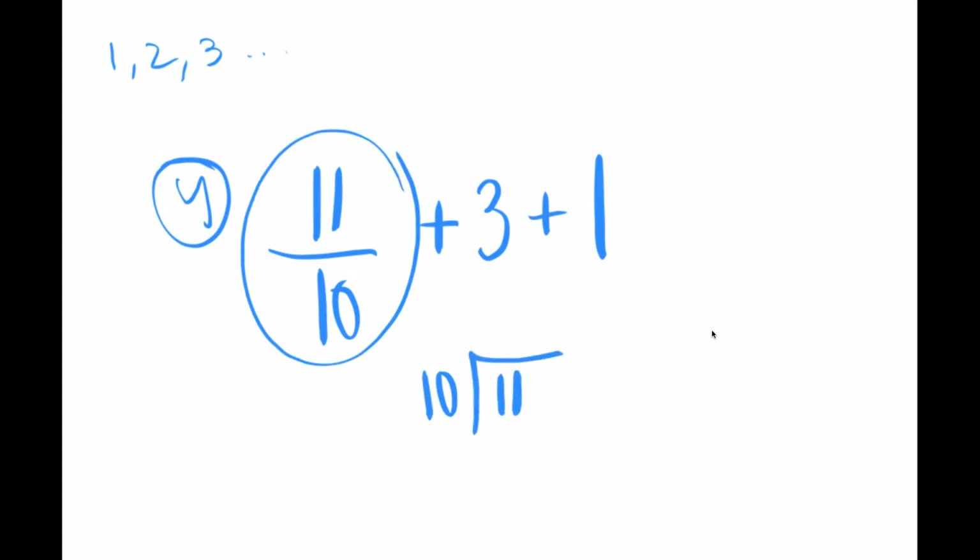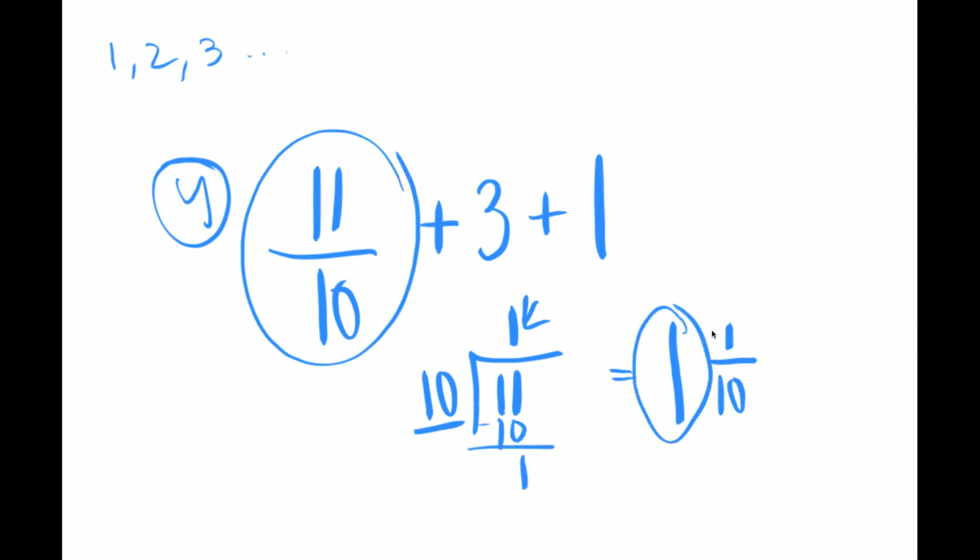So you would do the in and out. 10 goes into 11 once, which means this is your whole number. You would subtract to get a remainder of 1, and then your denominator. So this new whole number has to be added to the original ones, okay? So you would have the 1 plus a 1 plus a 3. So you would get 5 and 1/10, okay?